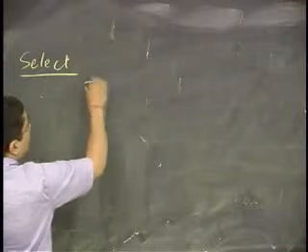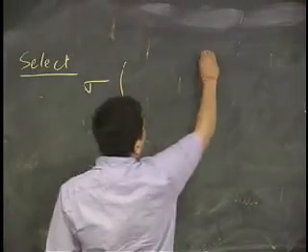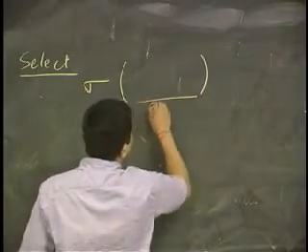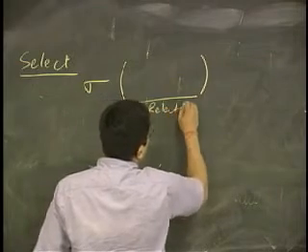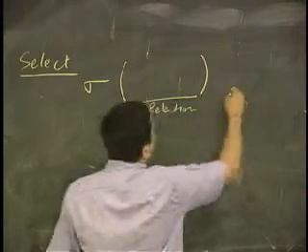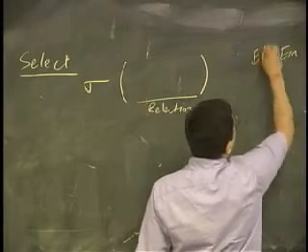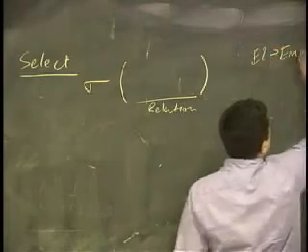So let us look at the representation of a select command. Select is represented by sigma, okay, and you are going to give it a relation here, and this is, say, a table which has employees. So E1 is our, say, employees table.